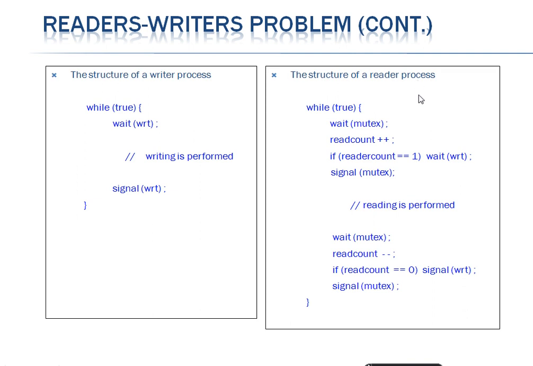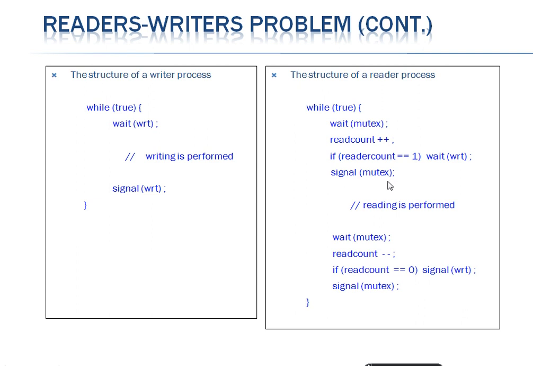Whereas in the reader's process, while the condition is true, the wait function is invoked over mutex, then read count is incremented. If read count is equal to 1, then wait over the write semaphore is invoked, followed by signal over the mutex.